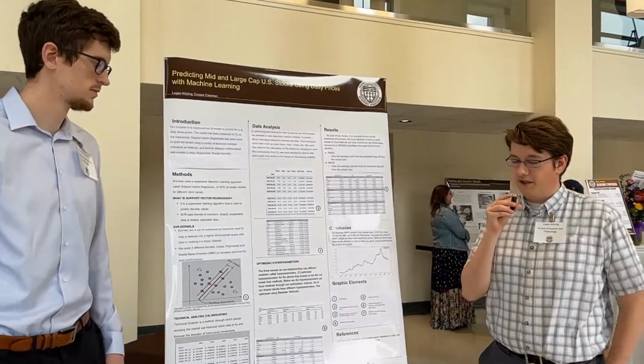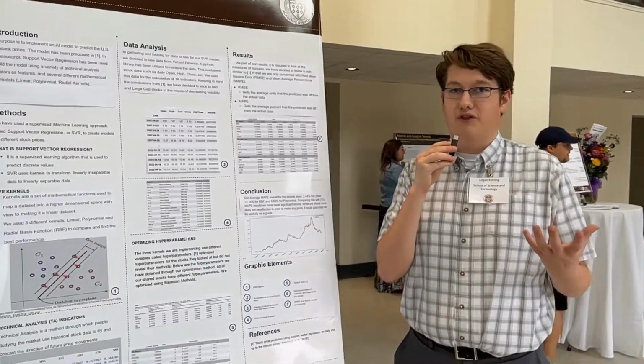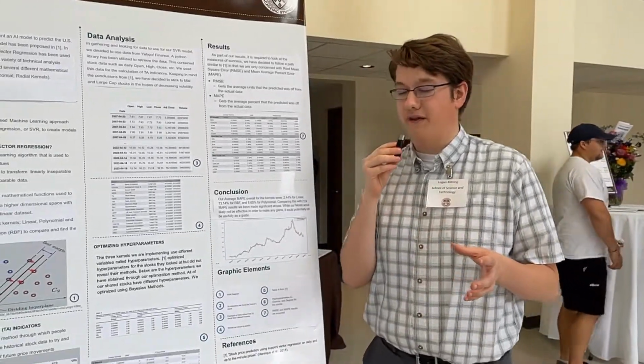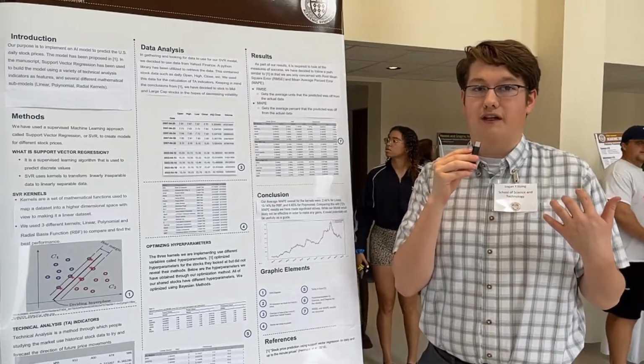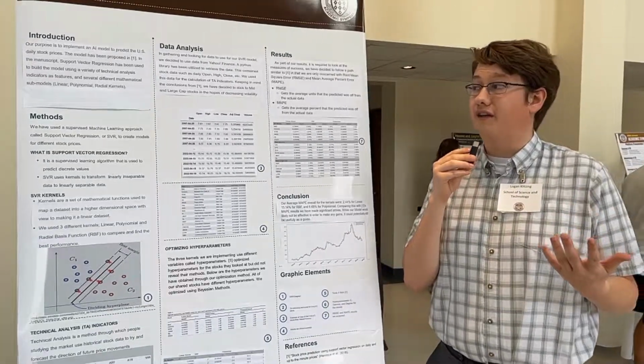The way we're getting the data for our technical analysis indicators and to feed our model is there's a Python library that we found very conveniently that is able to pull stock data from Yahoo Finance for every day, that's updated every day.